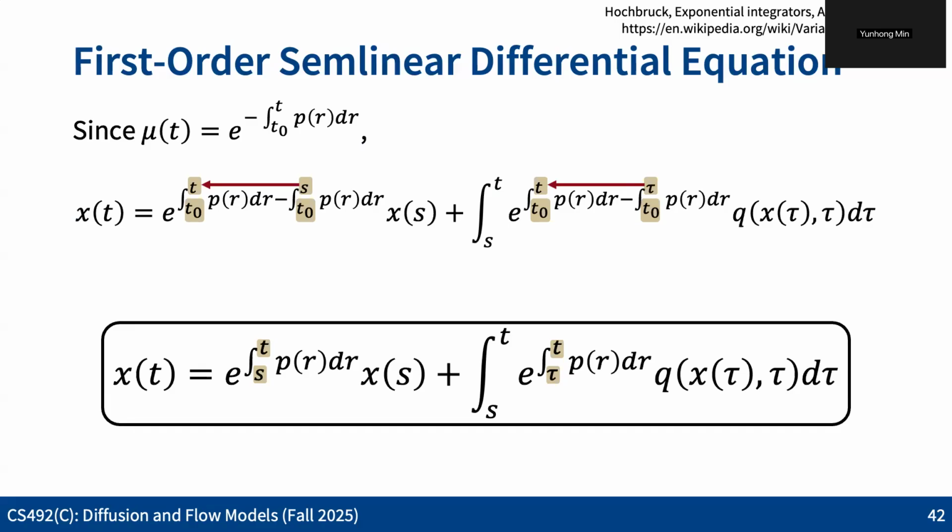Given the starting point s, which is the initial point, the initial value, this is the given information. Given this x_s, we can now compute x_t by computing those integral terms here, right?